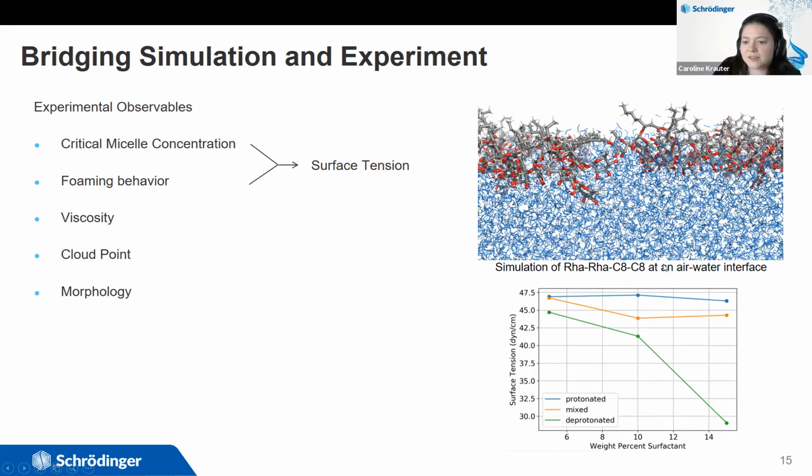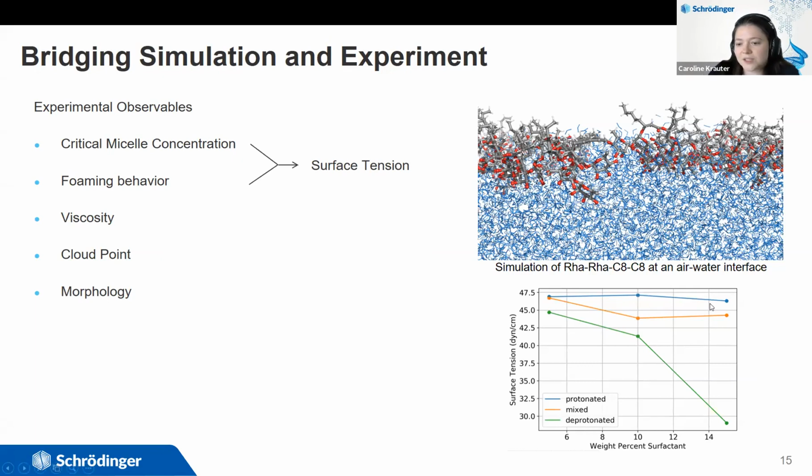Here we show some results for this rhamnolipid. So in all the cases, we usually get aggregation at the interface, and then also some of the biosurfactants staying in solution. What we can see here is also, with protonated compared to deprotonated, some trends where with the protonated, we would expect lower critical micelle concentrations because we have easy aggregation.